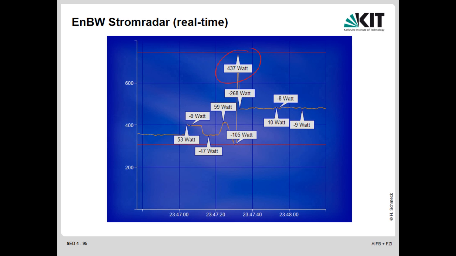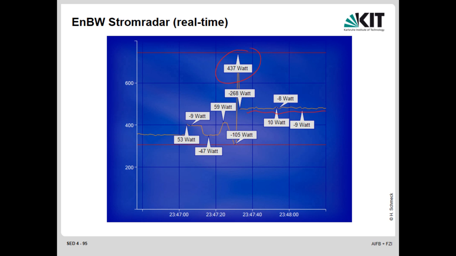That's the initial power peak, you need more power initially, then it goes down again, and you see also that it is a very unstable signal. There are always jumps of around 5 or even 10 watt, so it's not just a straight line if a machine is running, but there are always some fluctuations in the energy consumption in a house.